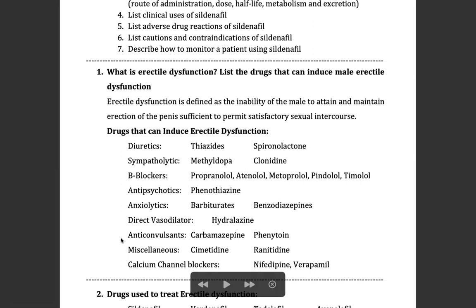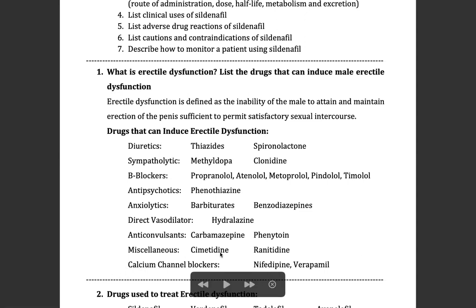And anticonvulsant drugs in the management of epilepsy and convulsions, carbamazepine and phenytoin. These categories of drugs used in central nervous system disorders, including psychosis, anxiety, and convulsions, are responsible for male erectile dysfunctions.